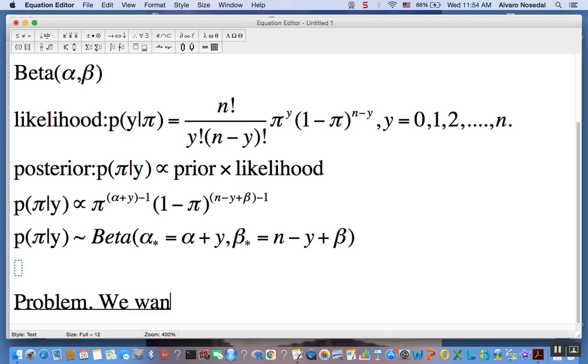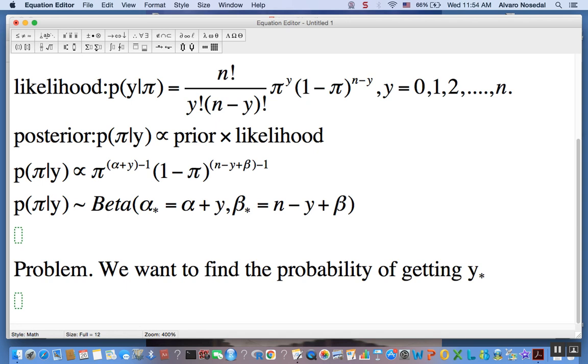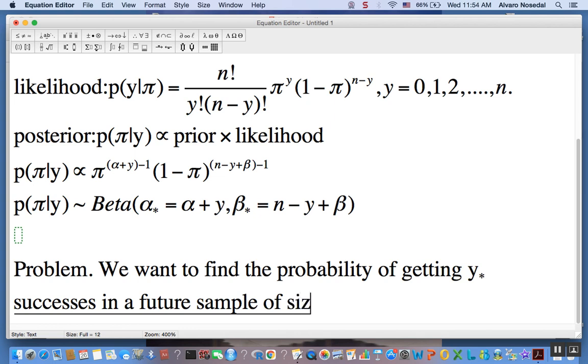Okay? But now, as we said, the problem that we want to solve is to find the probability of getting y star successes in a future sample of size n star.